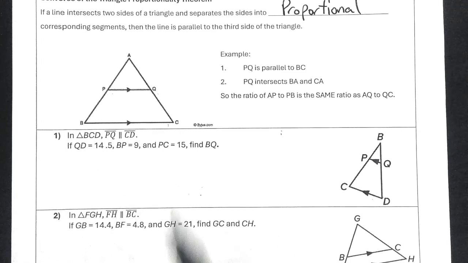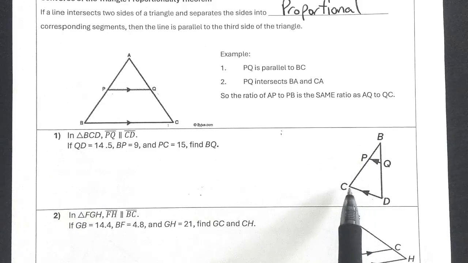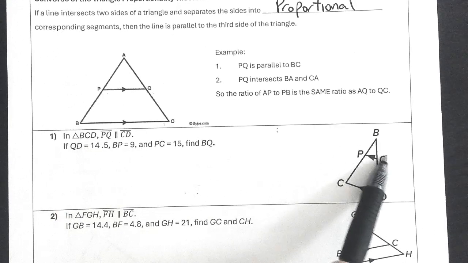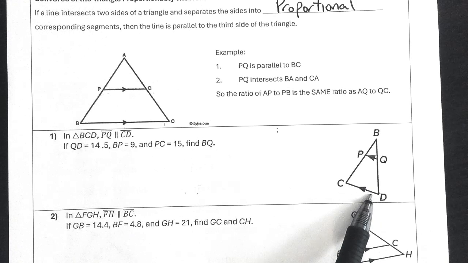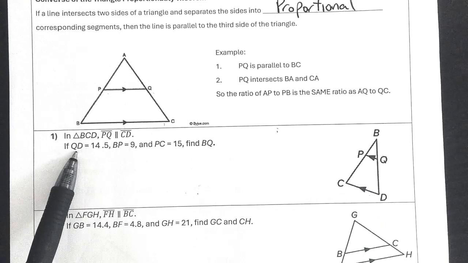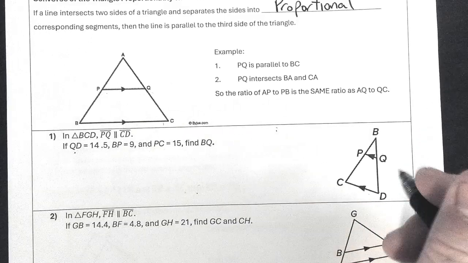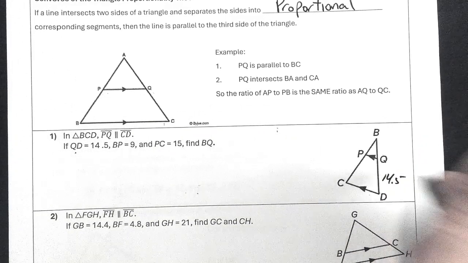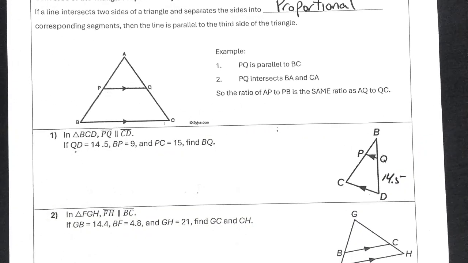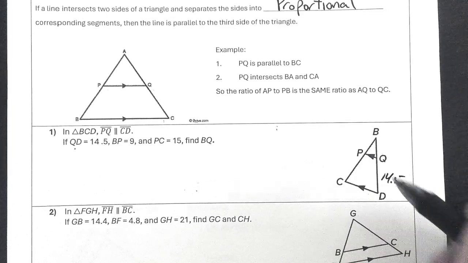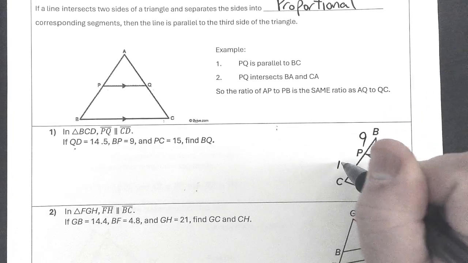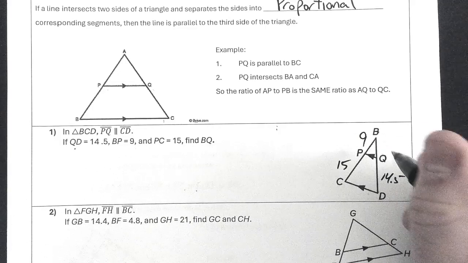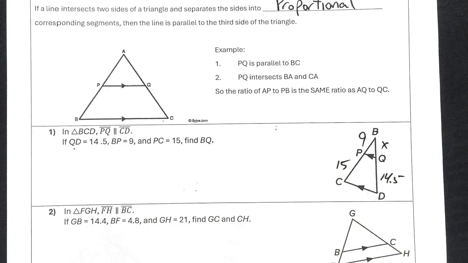All right, number one. In triangle BCD, PQ is parallel to CD. So if QD is 14.5, and BP up here is 9, PC is 15, we have to find BQ, so we'll just call it X. So we're going to cross multiply like we've been doing.